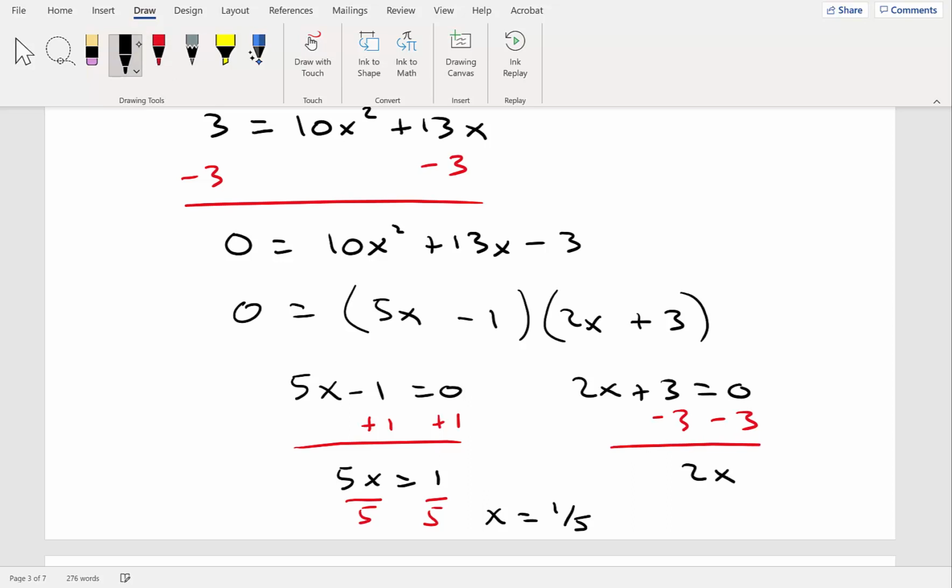You get 2x is equal to -3. And then divide both sides by 2. We get x is equal to -3/2. So the x values where f of x is equal to 3 are x equals 1/5 and x equals -3/2.